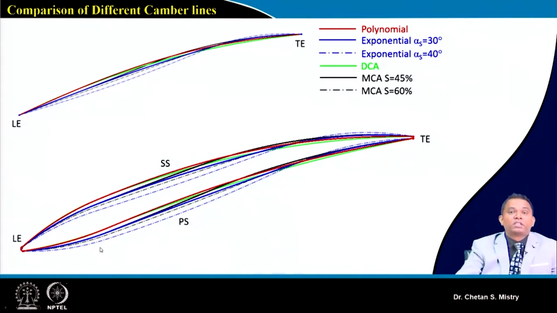Now with this we can say we are able to generate the aerofoils, and after generating this aerofoil we will be managing our flow passage, and by managing our flow passage basically we are managing our shock structure. We are managing the placement of our normal shock, and that is how we are managing our diffusion within the flow passage, and that will help us in the development of future more efficient aerofoils.